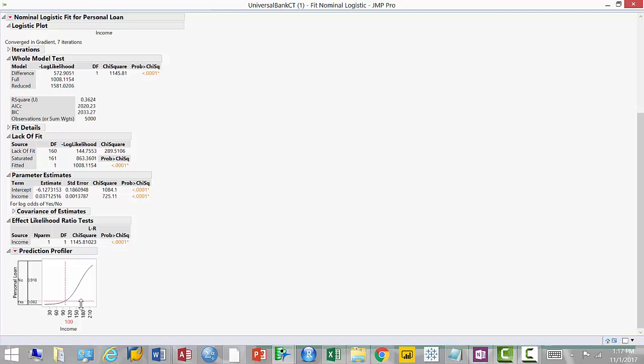All right, now, what can we see about the kind of direction of this model? Where does the model go? As the income becomes higher and higher and higher, what happens with the probability of getting a loan from the bank? It is going better, right?